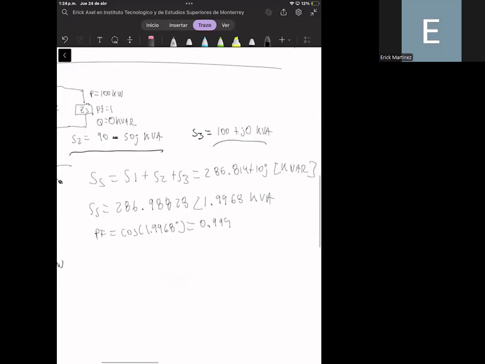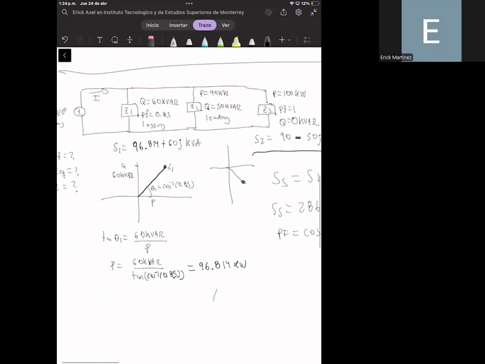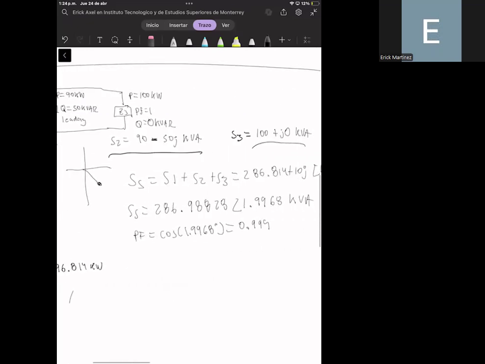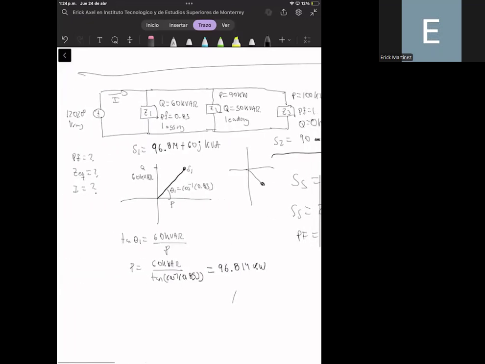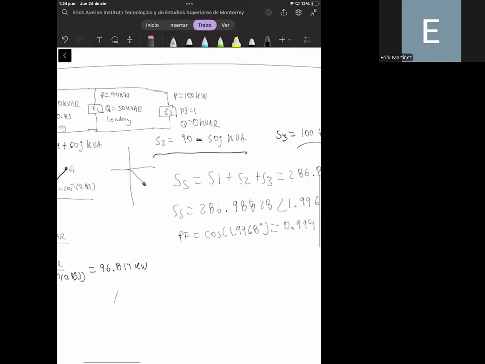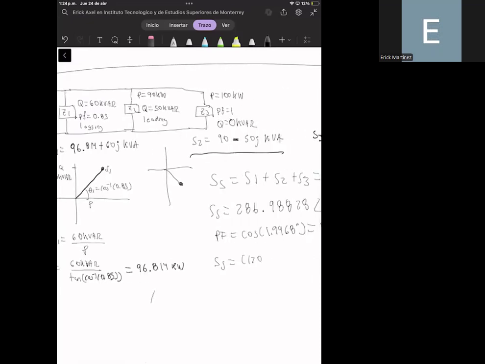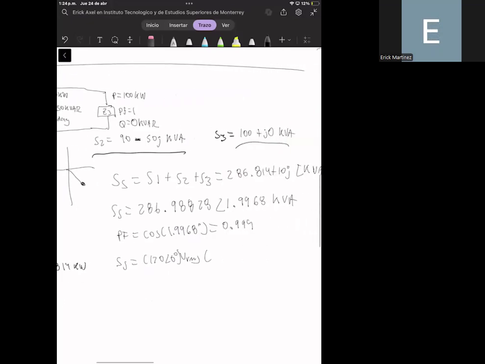Now, how can we compute the current? We know that the power source is providing this complex power. So we can say that the complex power of the source is equal to the voltage of the source, 120 with an angle of 0 degrees volts RMS, times the conjugate of the RMS current.